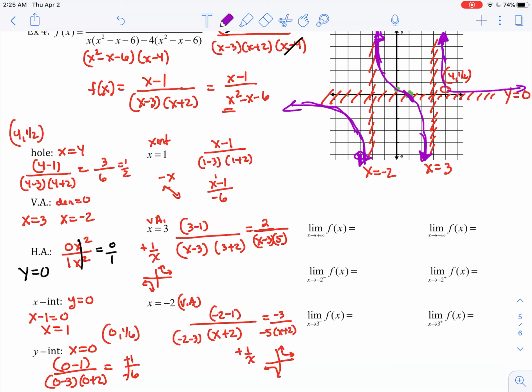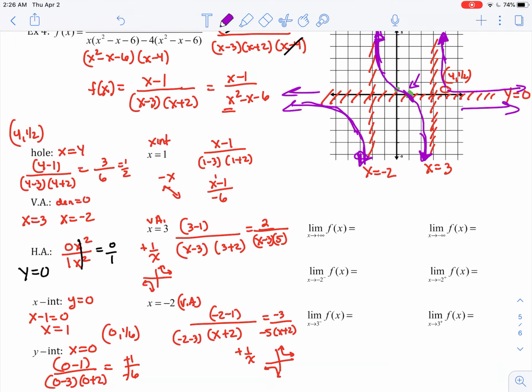Now again, our graph does not cross vertical asymptotes. It did happen to cross our horizontal asymptote here at x equal to 1, but our horizontal asymptotes, recall, as we go off towards a positive infinity and as we go off towards a negative infinity, our graph is getting closer and closer and closer to that value of 0.